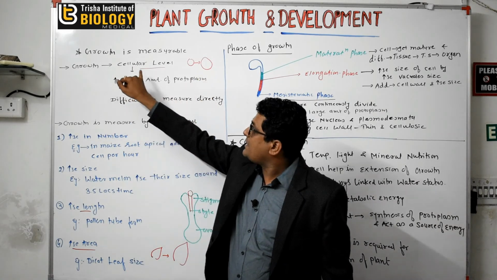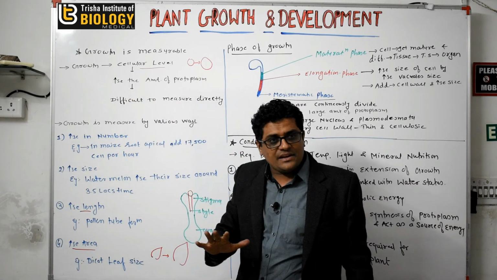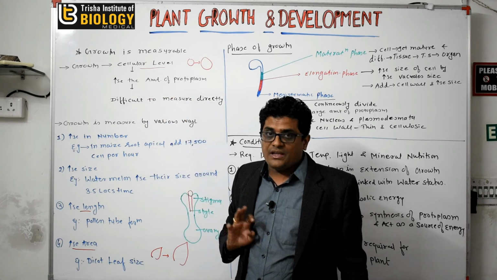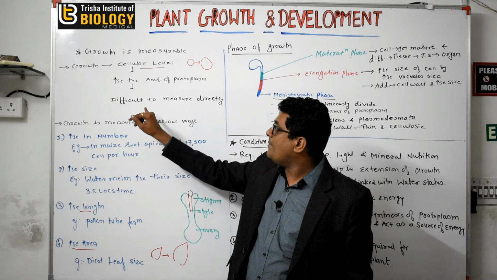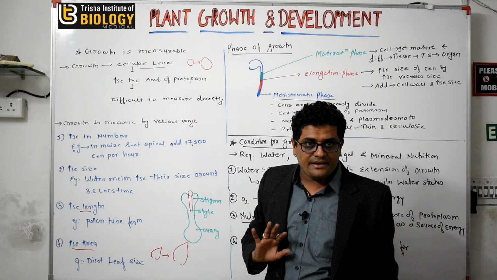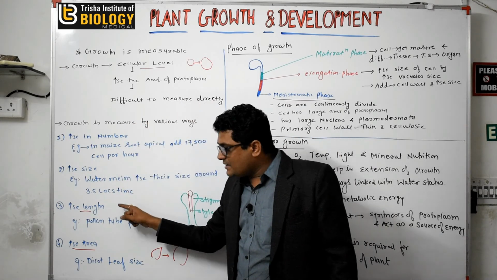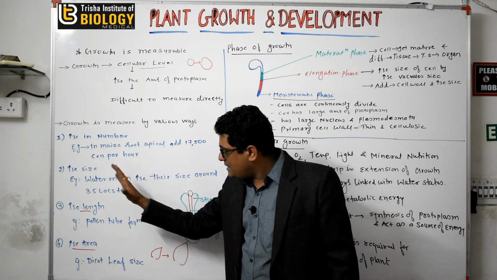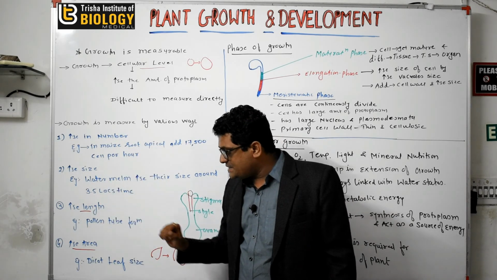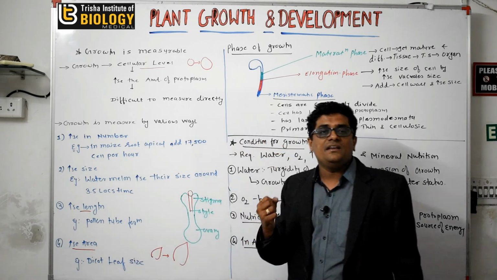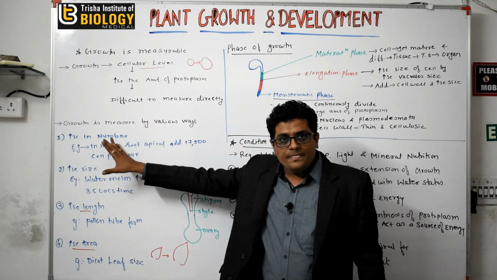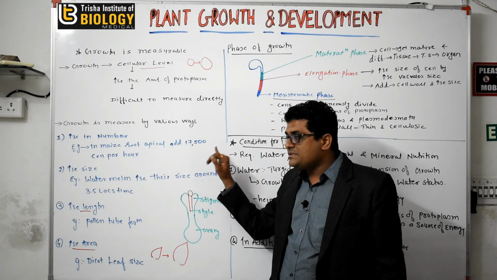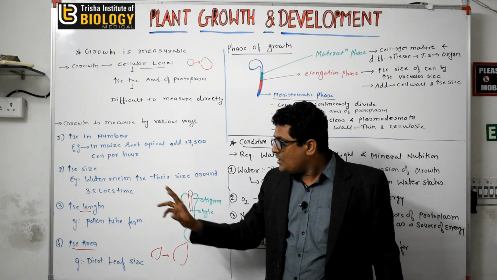Growth always occurs at the cellular level, which means an increase in the amount of protoplasm, but we cannot measure the amount of protoplasm directly. So we can measure growth in the plant by various terms: by increasing number, size, length and area. In number, maize root cells add around 17,500 cells per hour.